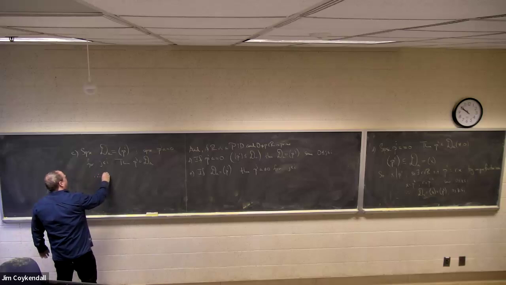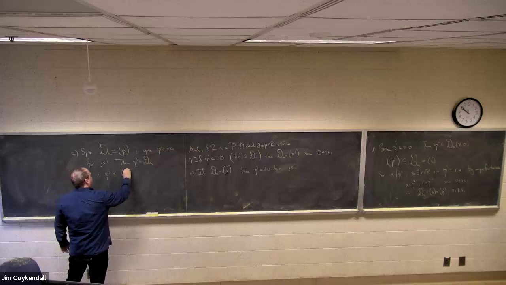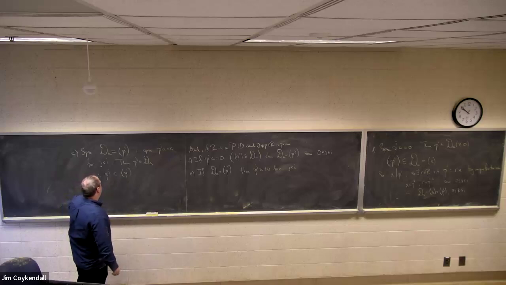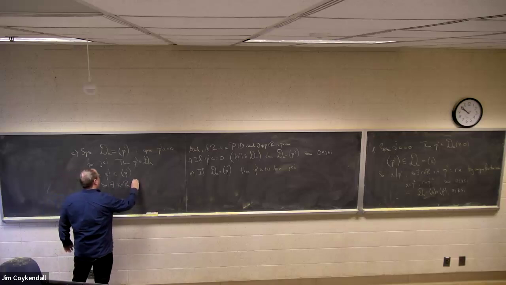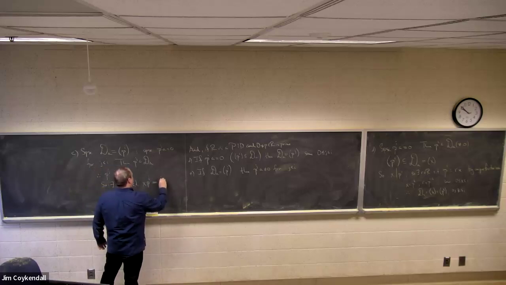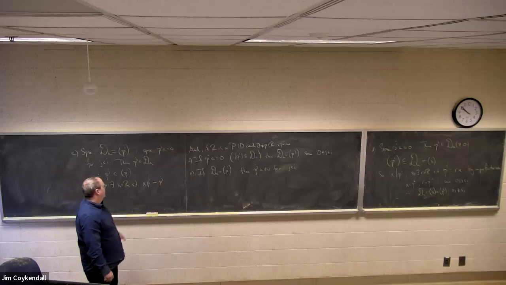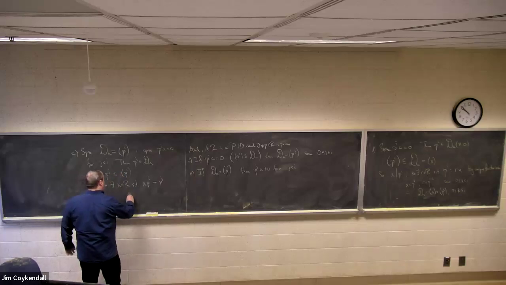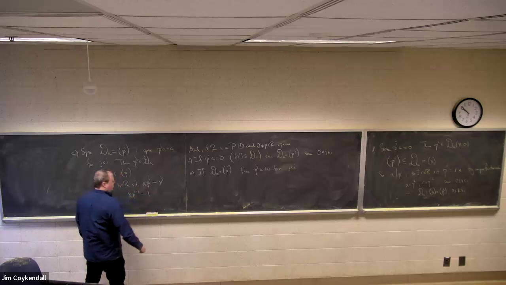Therefore P^J is in the ideal I, which means that this must divide this. So there exists X and R such that X P^I equals P^J. This is an integral domain, so we can cancel. And so I get X P^(I minus J) equals 1.